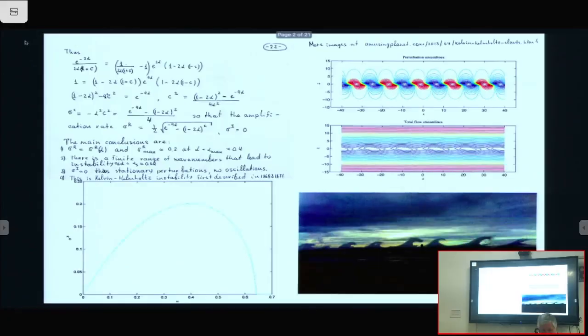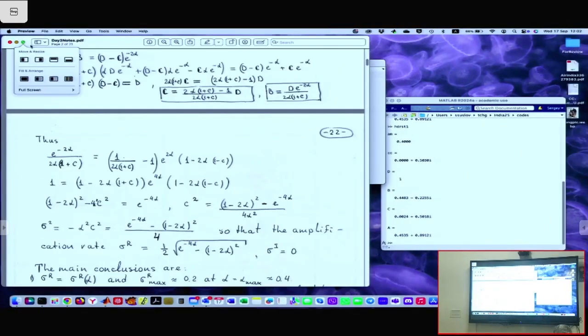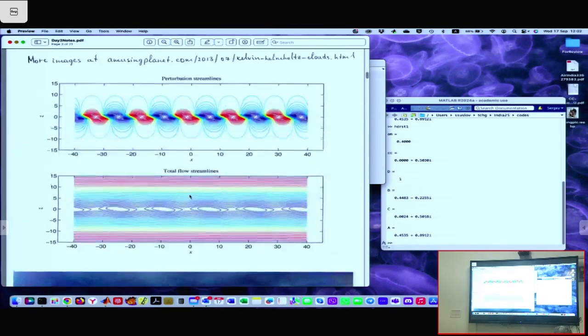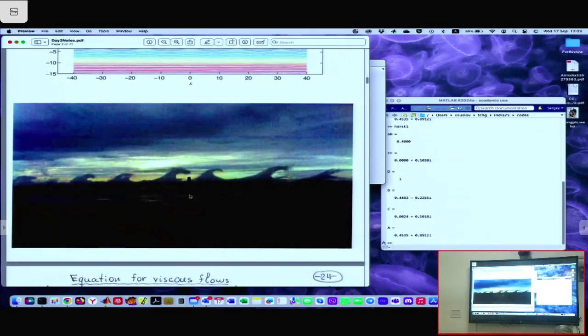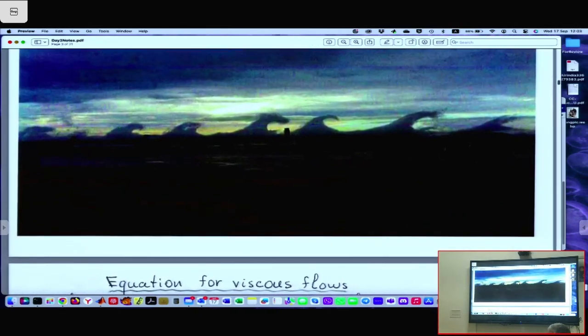That's a real picture. Just want to make it bigger. You can see these phenomena.